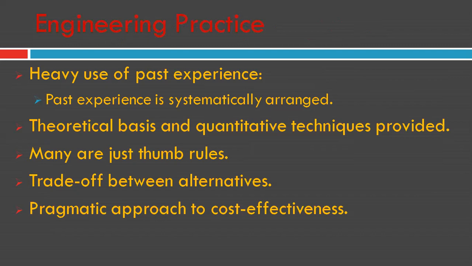Just as in any other engineering discipline, software engineering makes heavy use of the knowledge acquired from the experiences of a large number of practitioners. These past experiences have been systematically organized and, wherever possible, a theoretical basis has been provided to the empirical observations.